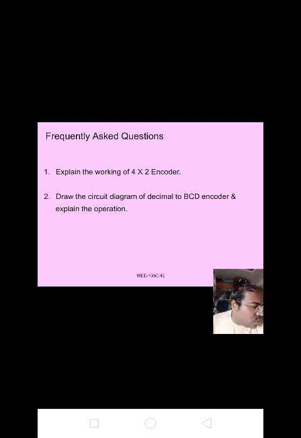Here I will show the diagram representing the functional diagram of encoder. I will draw it in my notebook and send it to you. Please make a note of it. Functional diagram of encoder: 2 power n to n encoder.